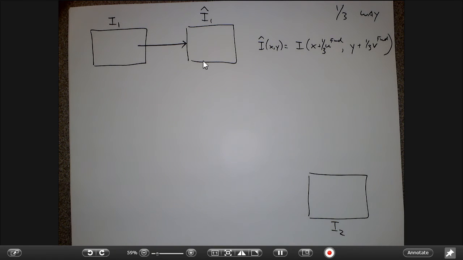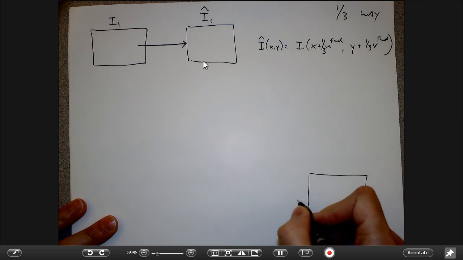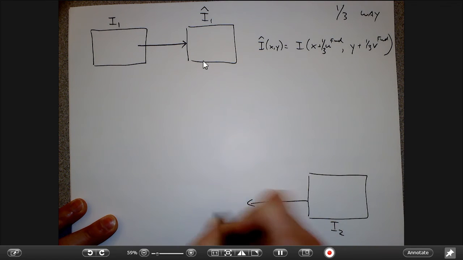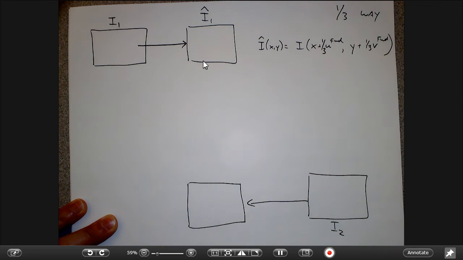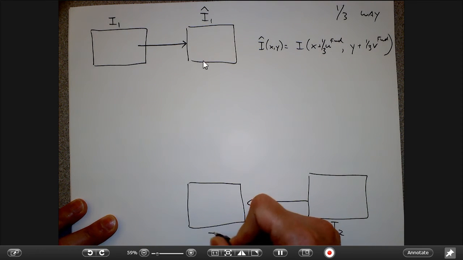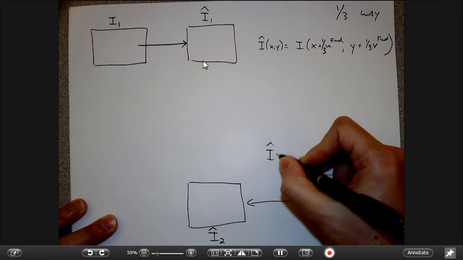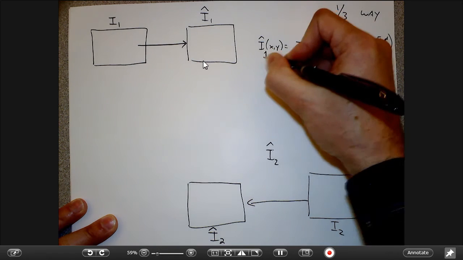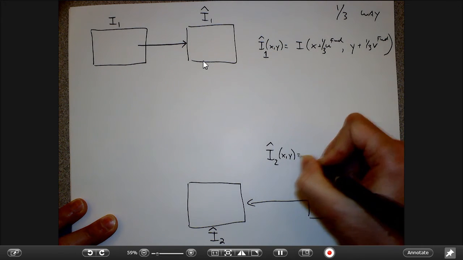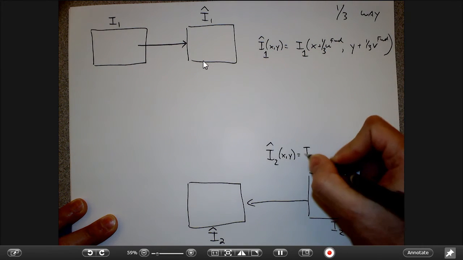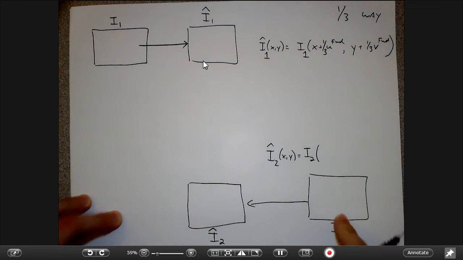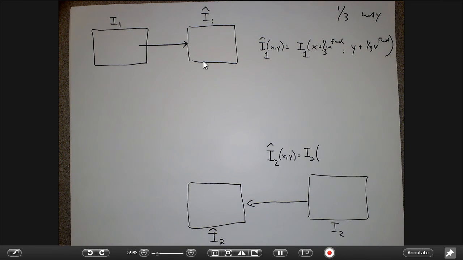In this way, I'm saying, all you pixels go a third of the way over to where you should be to get all the way to image 2, right? And the same way, this guy I'm going to push over with the backwards optical flow. So this is my warped second image. And this is saying, all you pixels from image 2, you guys basically have to go 2/3 of the way over to image 1, right? Because I want to make something that lines up here.